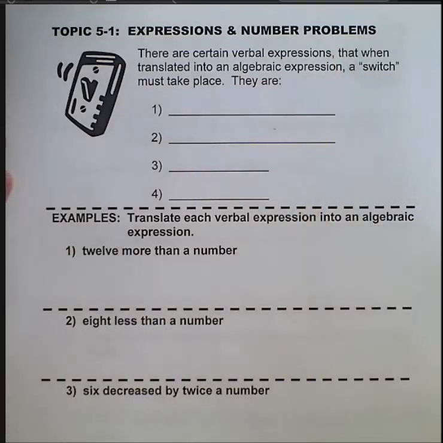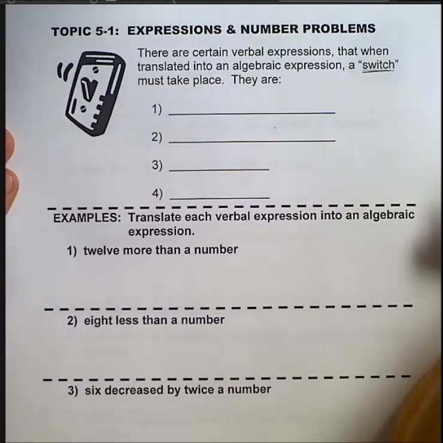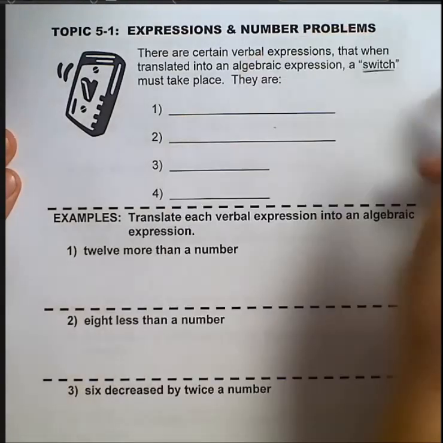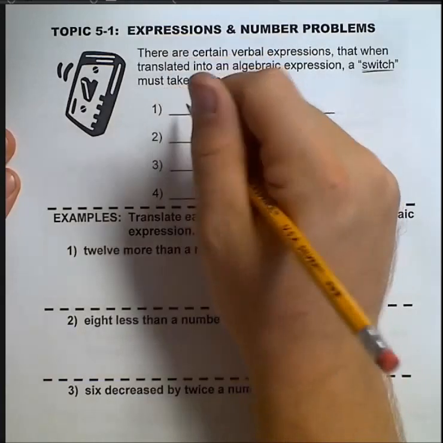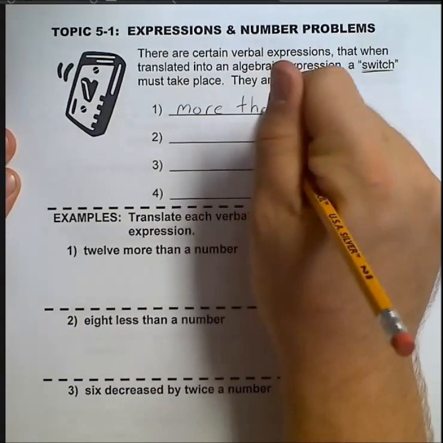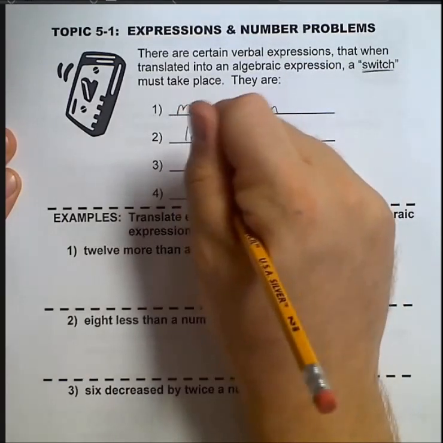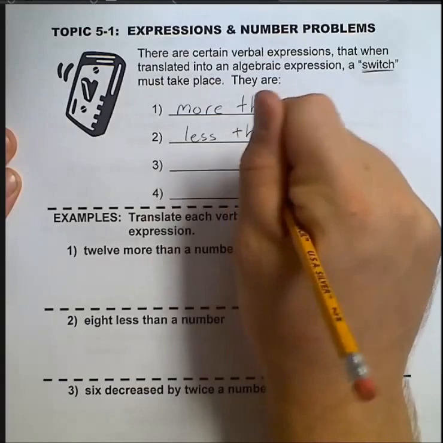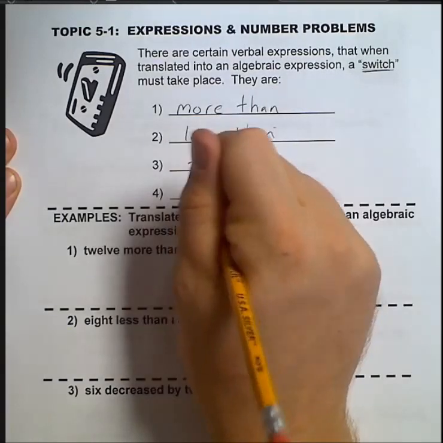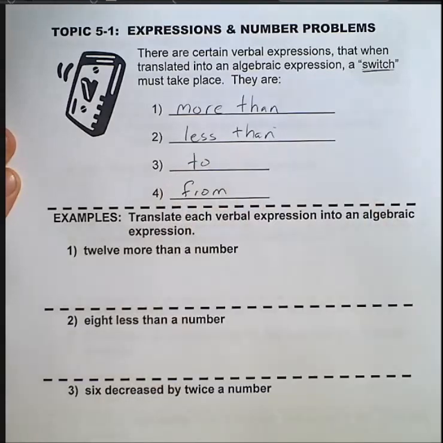There are certain verbal expressions that, when translated as an expression, a switch must take place. This means that you're going to have to flip things around. So, these things that you need to look for are more than, less than, to, and from.